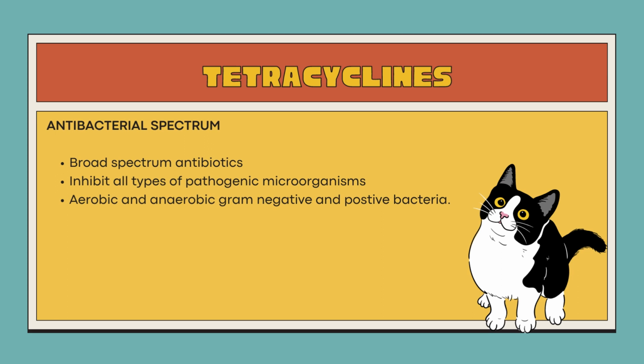Tetracyclines are active against both aerobic and anaerobic gram-positive and gram-negative bacteria, such as Mycoplasma, Rickettsia, Chlamydia, and even some protozoa like Babesia, Filaria, Anaplasma, Coccidia, and Entamoeba. Some strains of E. coli, Klebsiella, Proteus, Pseudomonas aeruginosa, and Corynebacterium species are frequently resistant to tetracyclines.